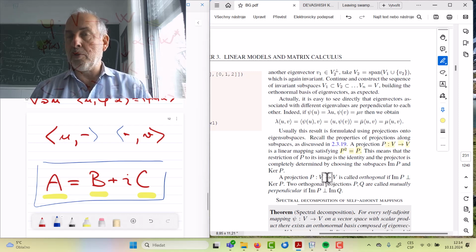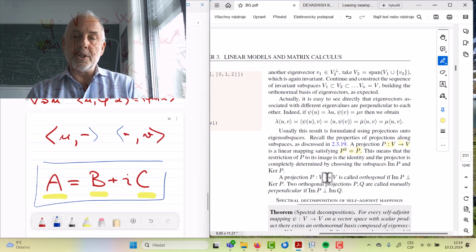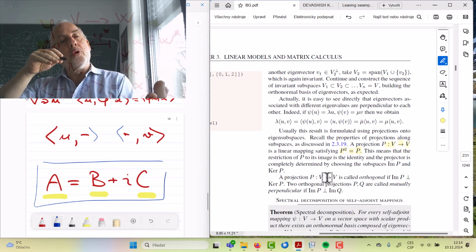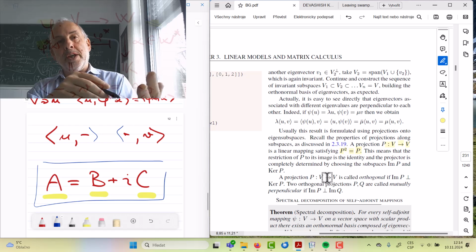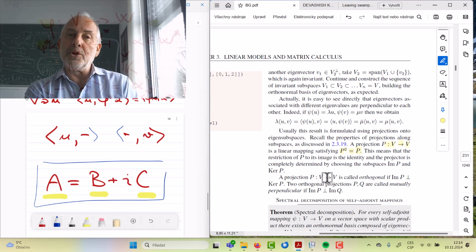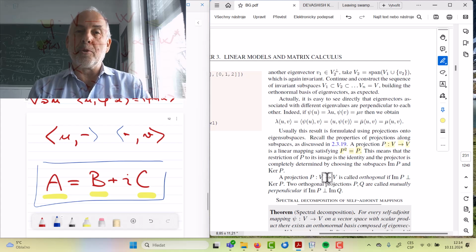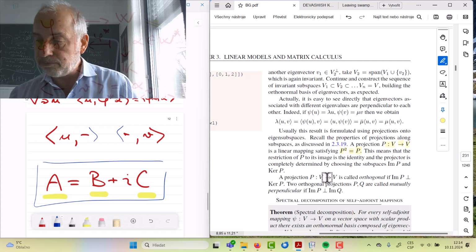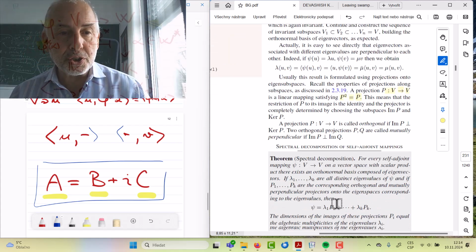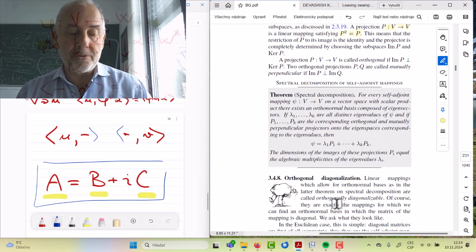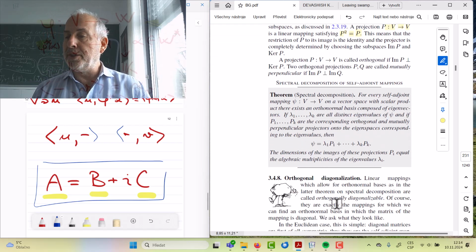And if we want the projection to be orthogonal, then it means that the kernel should be orthogonal to the image, and then already choosing the image gives you the projection uniquely.